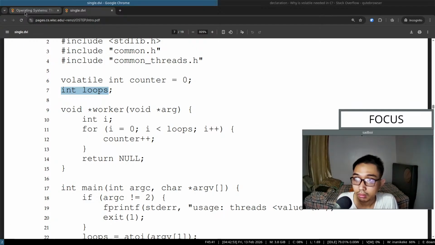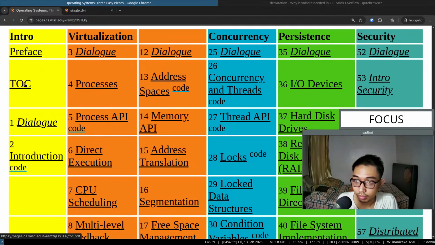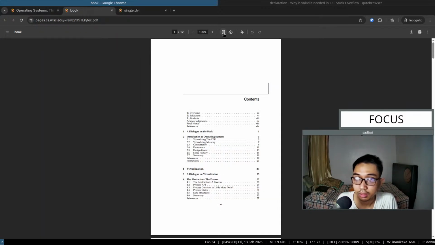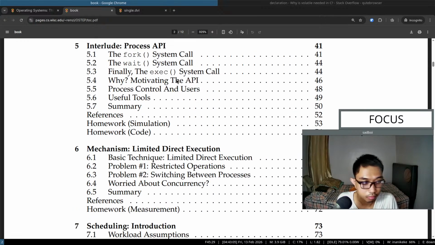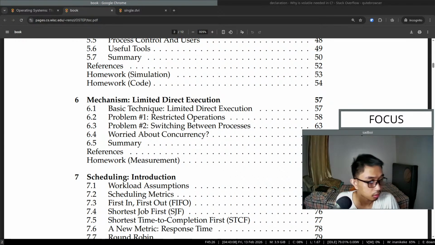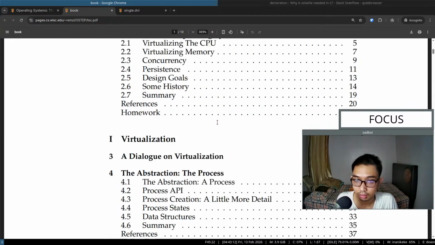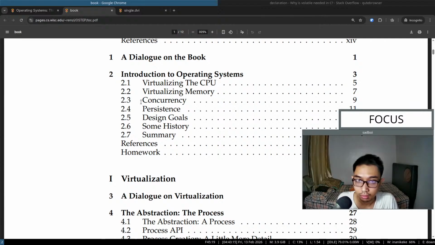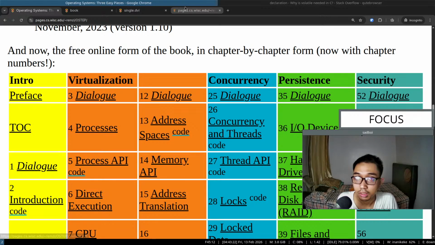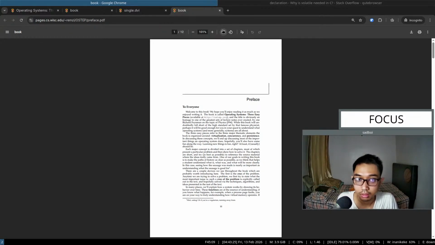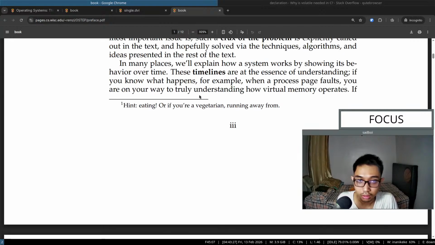Common thread. Wait a minute. Let me open this. Okay. Alright. We are currently in this one. Okay. Wait, let me also open this. Where is the code?